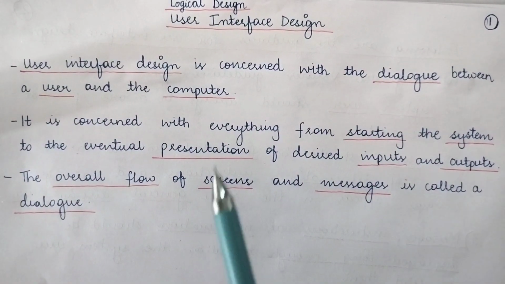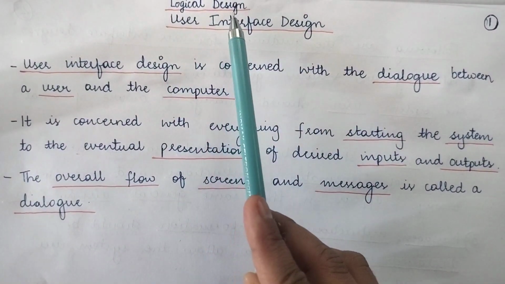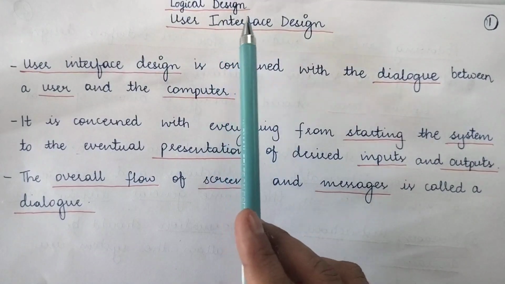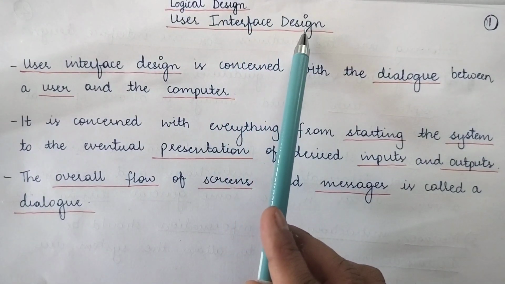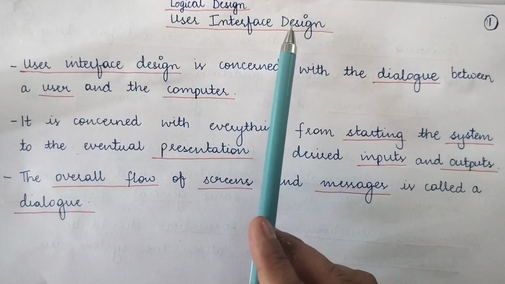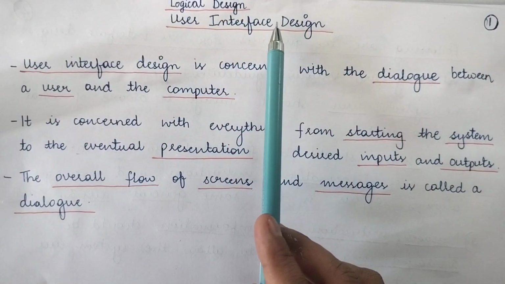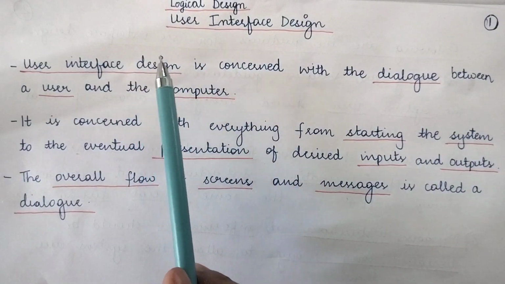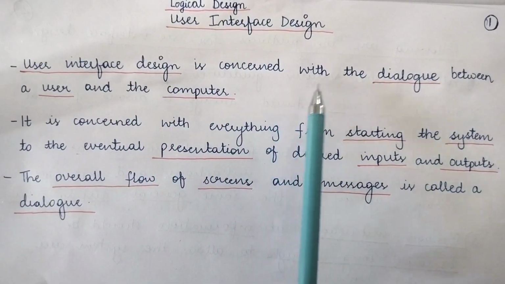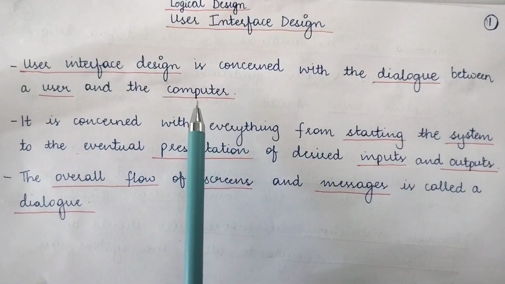Hi everyone. Today we are going to study another element of the logical design, that is the user interface design. User interface design is a very important element of logical designing in system analysis and design. It is concerned with the dialogue between the user and the computer.